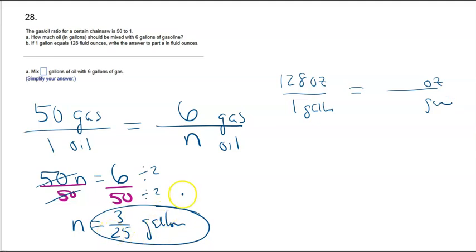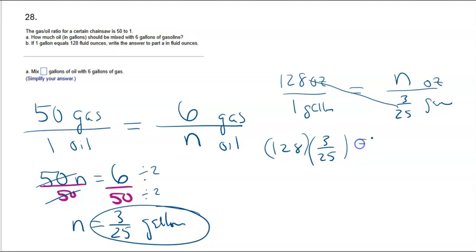Now, we have 3/25 of a gallon, but we don't know how many ounces that is, and I made it an X. Let's make it an N and be consistent. All right, you know what we're going to do again. We're going to do our cross product. 128 times 3/25 is equal to, when I cross this way, 1 times N. Now, 1 times N is just N, right?